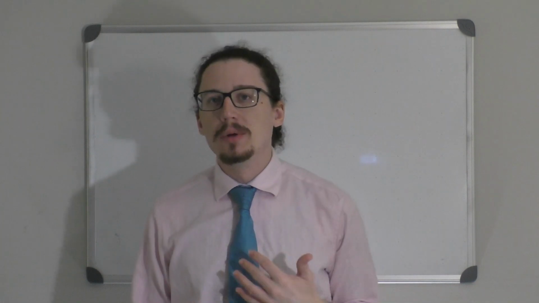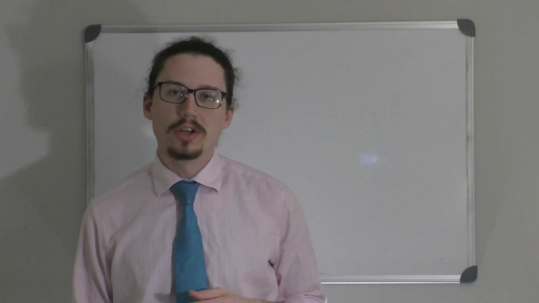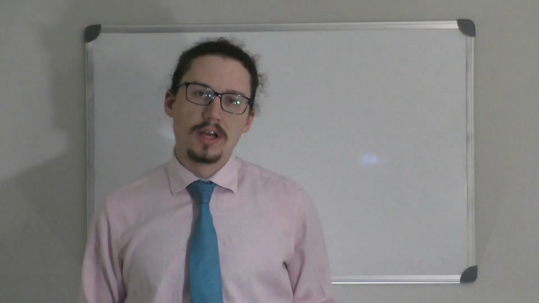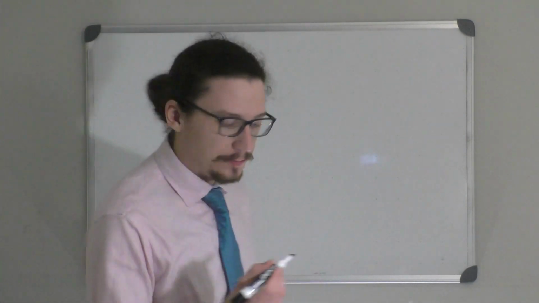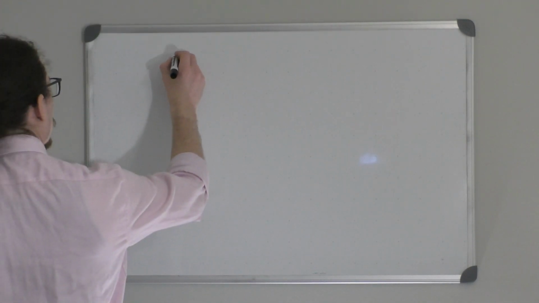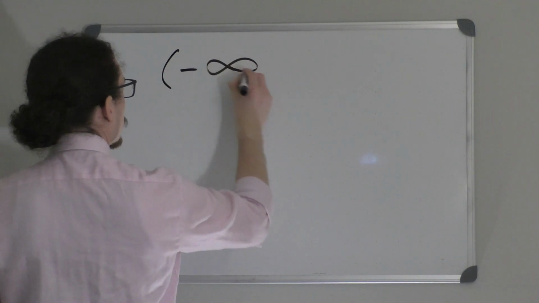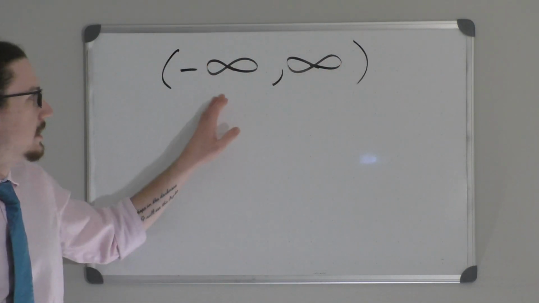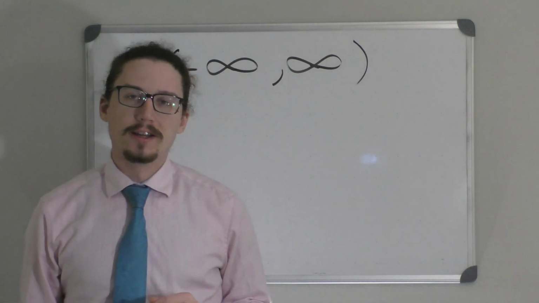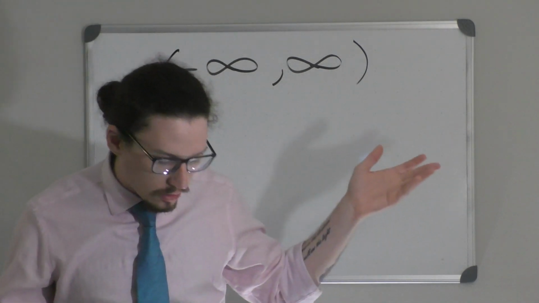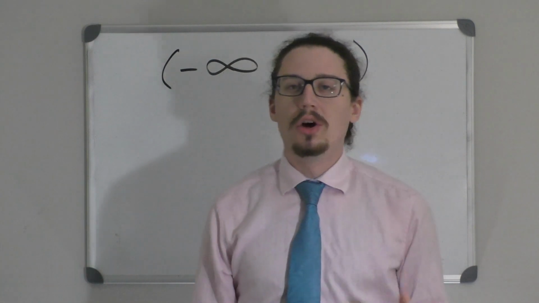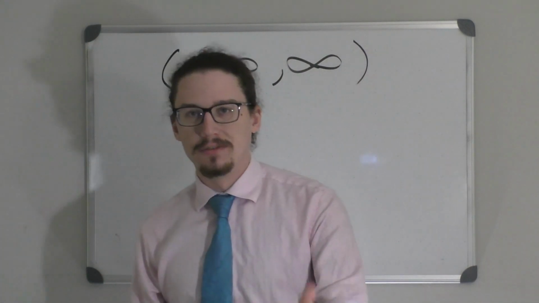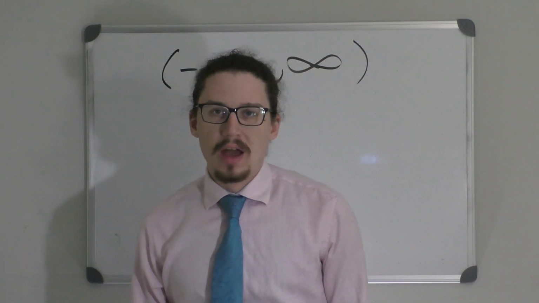Doesn't matter what it is, you don't even have to tell me what the parameter is you're looking for. I can create an interval that contains that parameter. Right, that interval is negative infinity to infinity. Right? That contains all of the numbers that there are, so our population parameter has to fall in that interval.